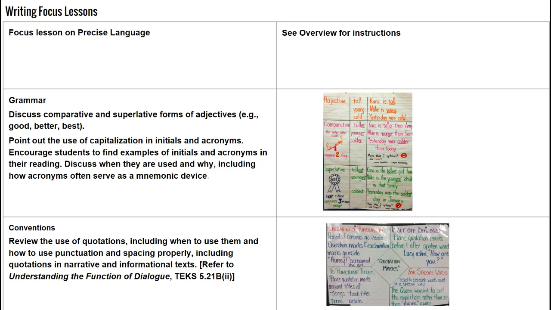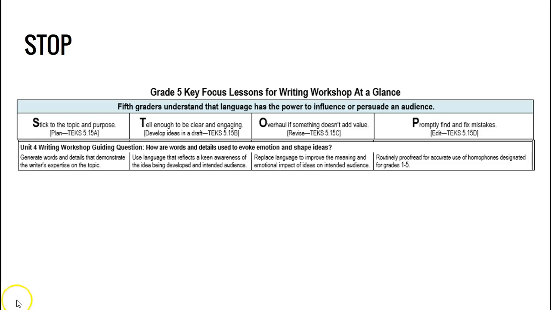Say, today, if you're going to use quotations, I want you to remember to go back in your writing notebook, look at the way we talked about quotation marks, and do this in your writing. Check for that. So that conferencing is so very important to really secure those skills that you want them to have. Remember, the stop procedure is so essential in editing and revising.